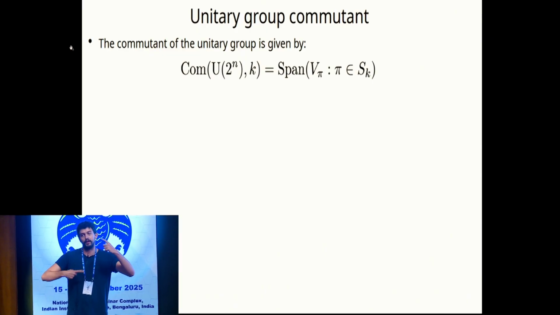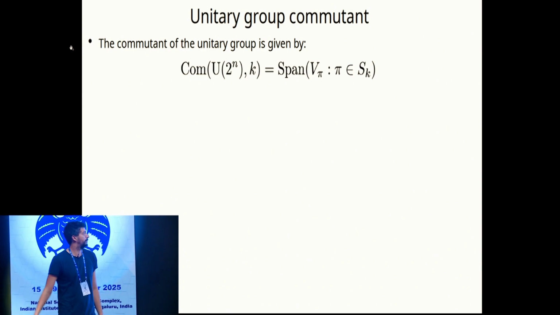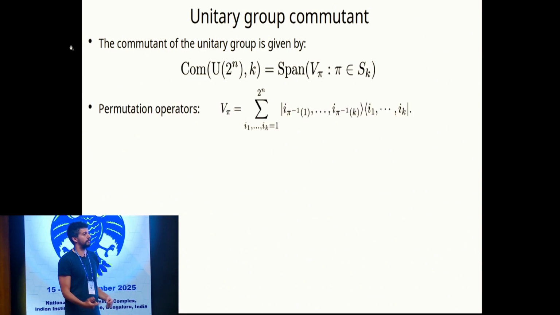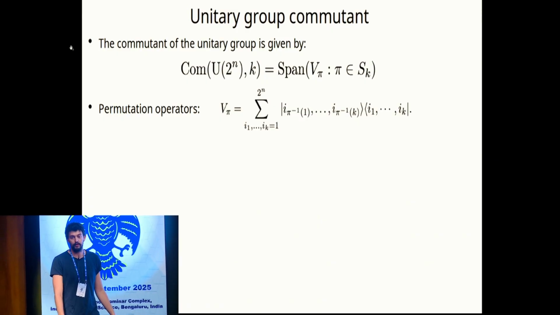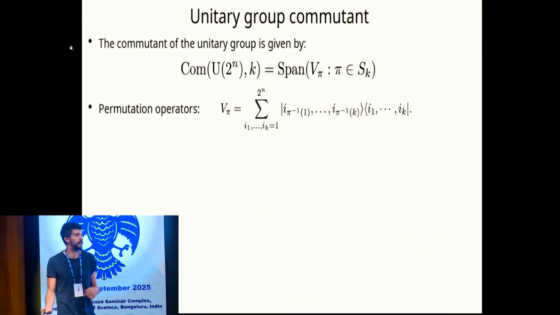Only those that swap copies around are the ones that also commute with all unitaries. Then we have these V pi's, which we can just write as the swap operators on general permutations.